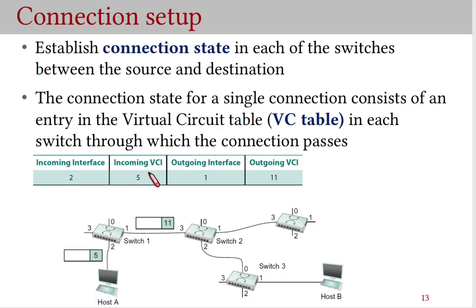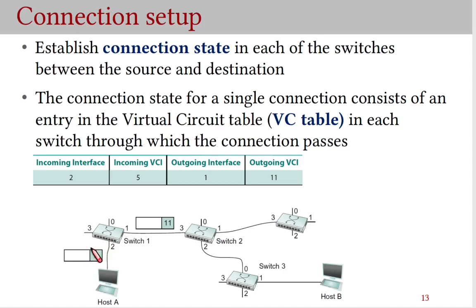So if we have an incoming packet on interface 2 with label 5, we send it on interface 1 with a different label, label number 11.